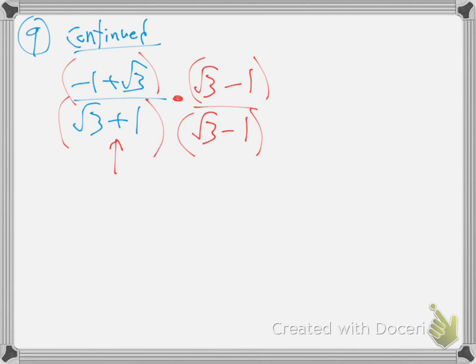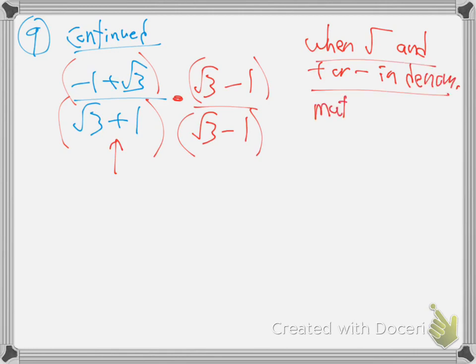So let me write that out. When there's a root and plus or minus in the denominator, you must multiply by what's called the conjugate. Remember that a little bit from algebra?